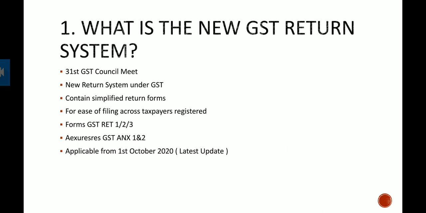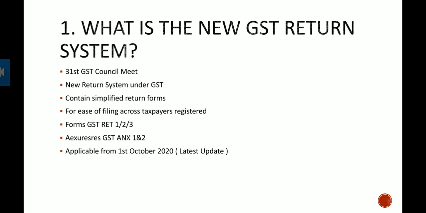In the new GST return filing system, there will be a single form applicable to all, named GST RET 1. Along with that, two other returns are there, GST RET 2 and GST RET 3, which are for small taxpayers having turnover up to 5 crore rupees.